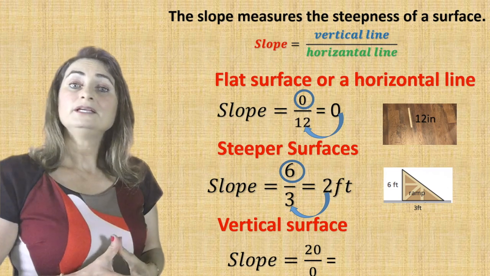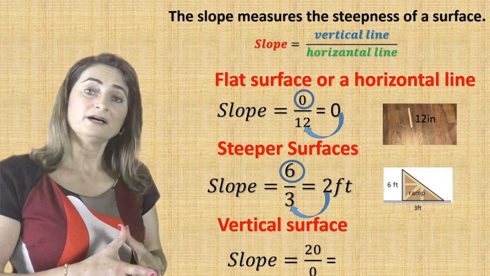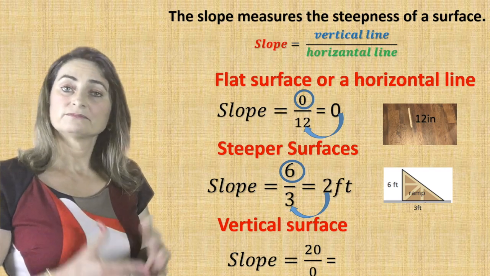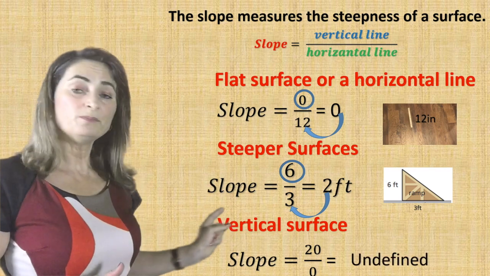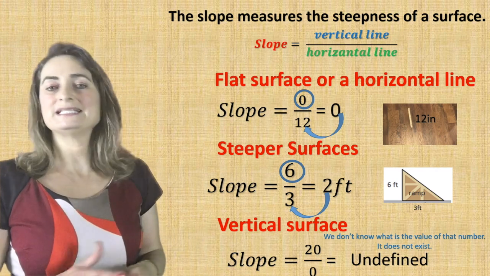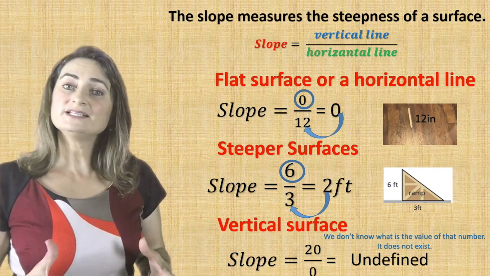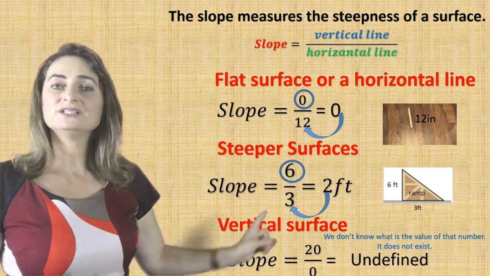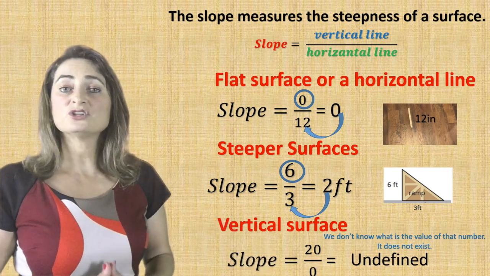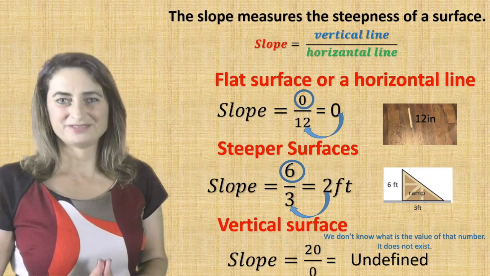Okay, it gave you something, not a number. It gives you an error. And what does that error mean? It doesn't exist. So the slope is undefined. We don't know what it is. Undefined means it does not exist. There isn't a number I can multiply by 0 to give me 20. So that's called undefined, and the slope of a vertical line is undefined.